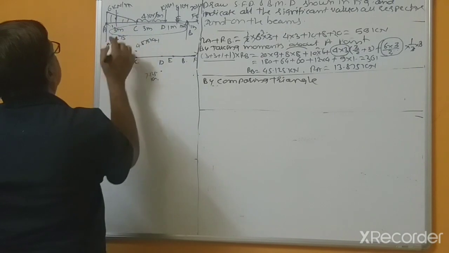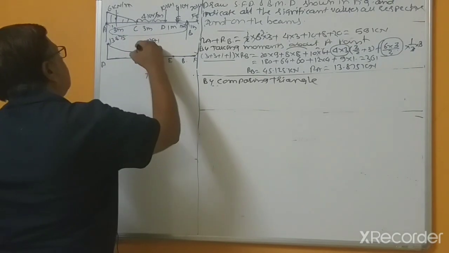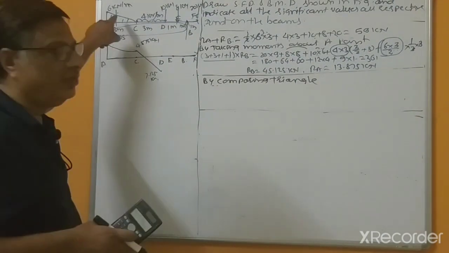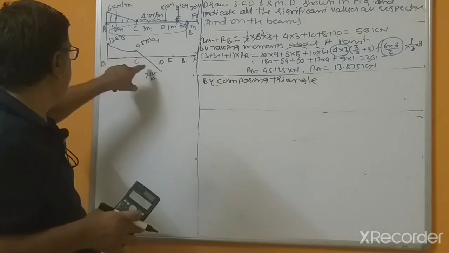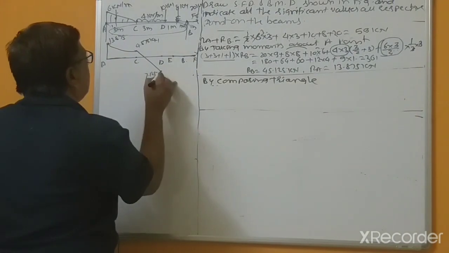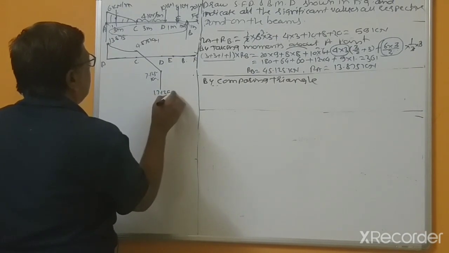And this is a straight line, but this is not, because this is uniformly varying load. So this is curved line and this is straight line. And again this is 10 kilonewton downward. So this is 17.125 kilonewton.